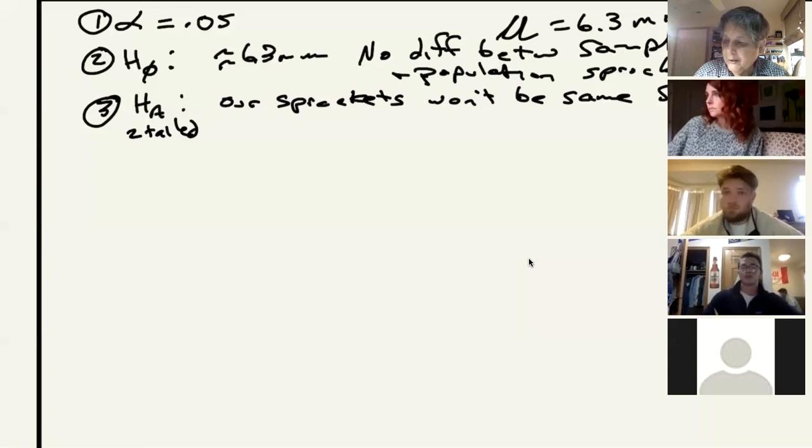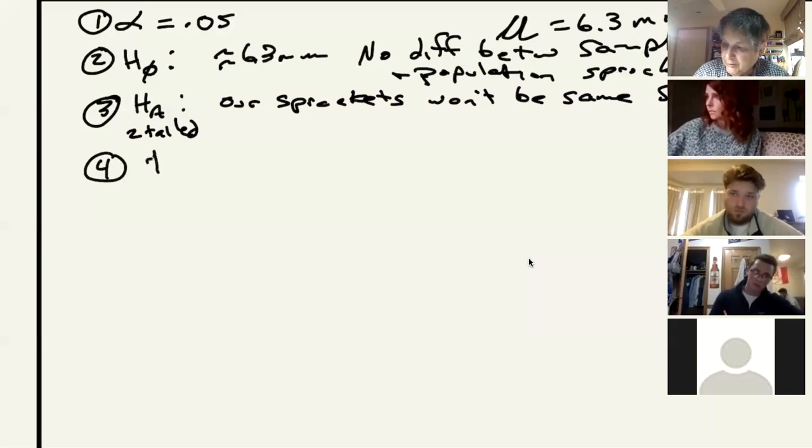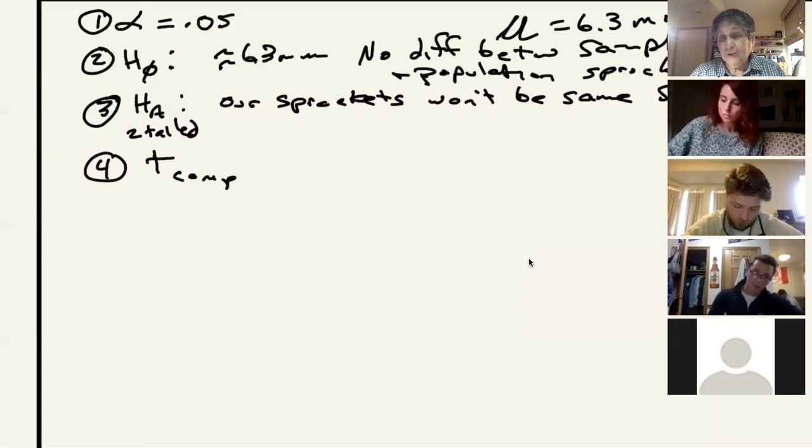The next step after that, which we are not going to do now, is we are going to compute a score called a t-score because we're doing t-tests. And we're going to find t computed. I'm going to stop there because I'm going to give you data and we're actually going to compute that number. It doesn't make sense to tell you the other steps because it'll just sound like more jargon. I'm going to wait and do it with the example.